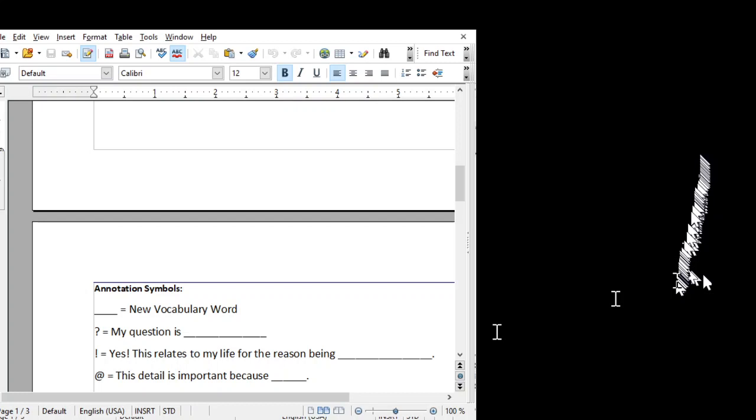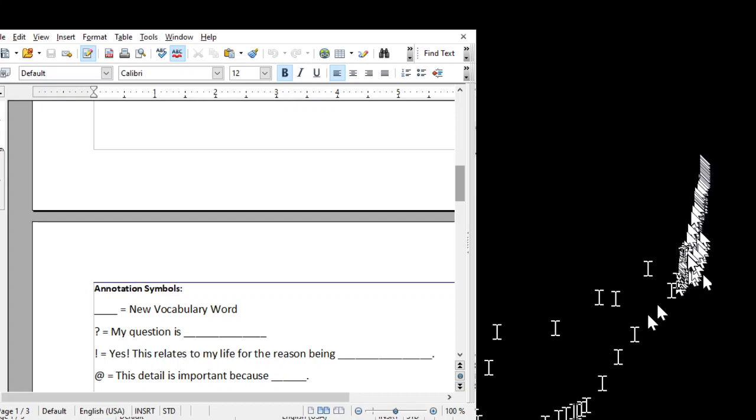If you highlight anything, I'm going to be expecting either the question mark, the exclamation point, or the @ symbol. If I see that you highlighted any sentence in the paragraph, underneath that paragraph, I'm expecting you to use the question mark, the exclamation point, or the @ symbol.